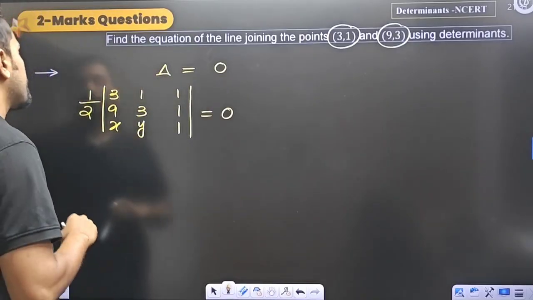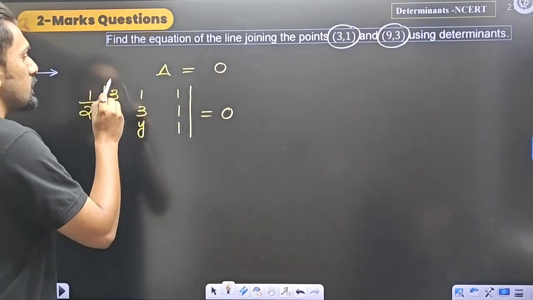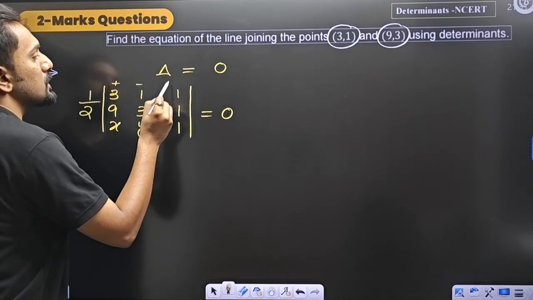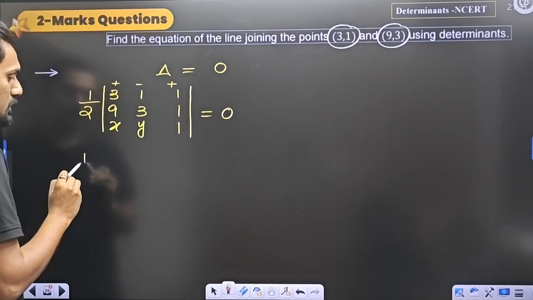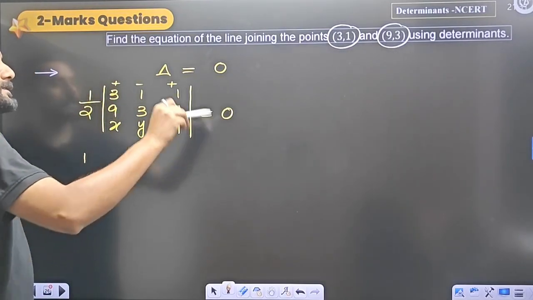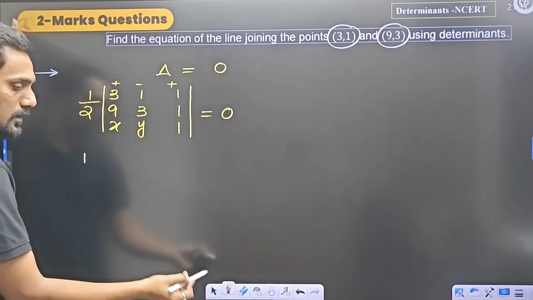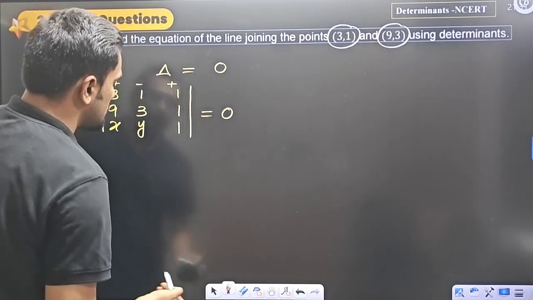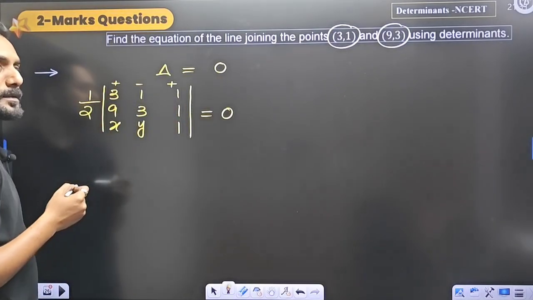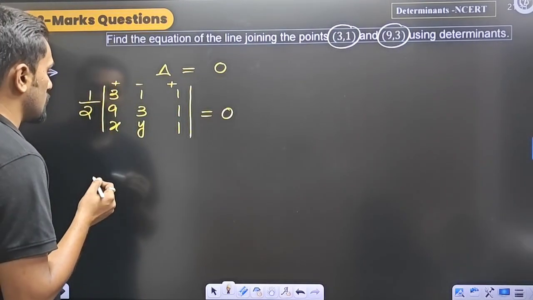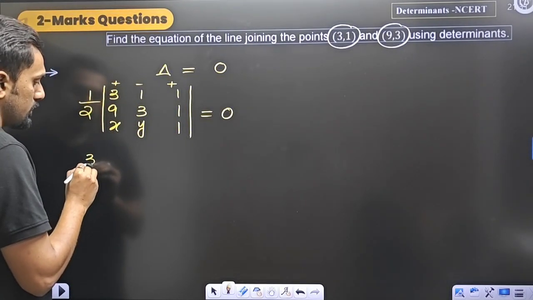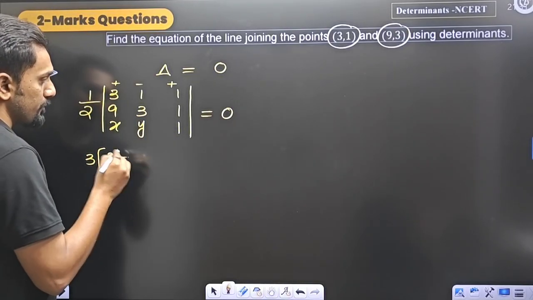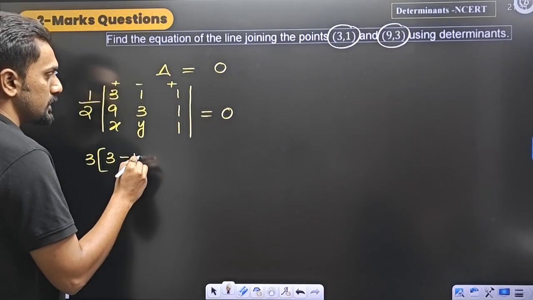Okay. Then if I expand the determinant along first row, then the half goes to that side, and it becomes 0. If you shift the 2 to that side, 2 into 0 will be 0. So 3 multiplied by 3 into 1 is 3 minus y into 1 is y.